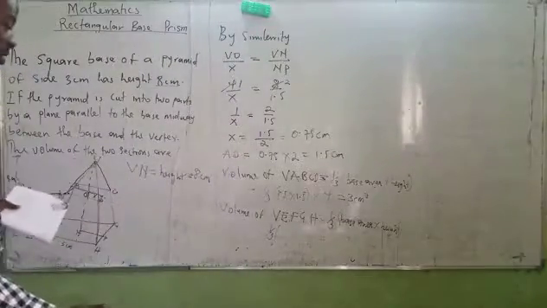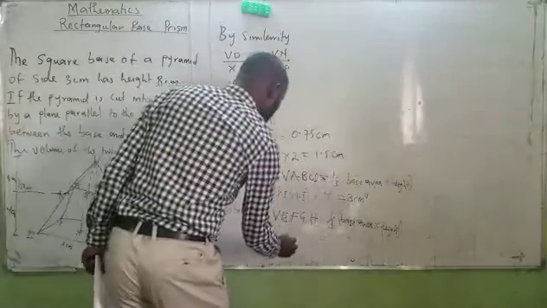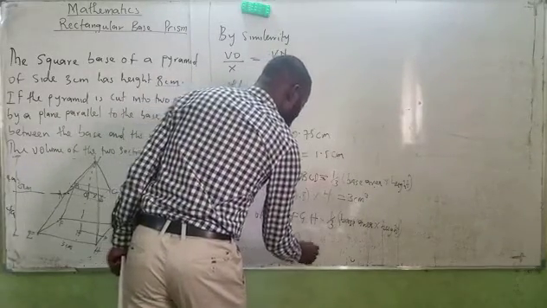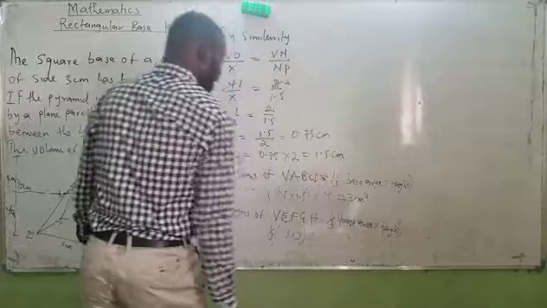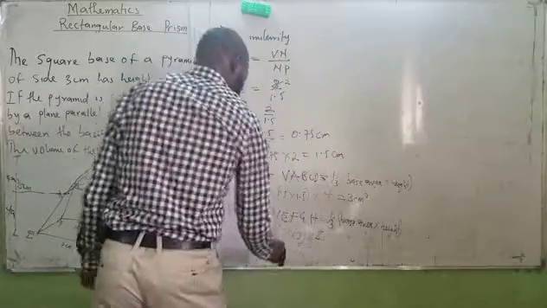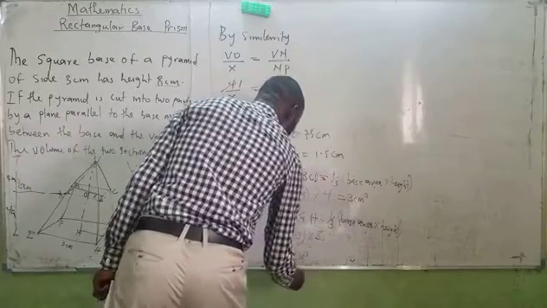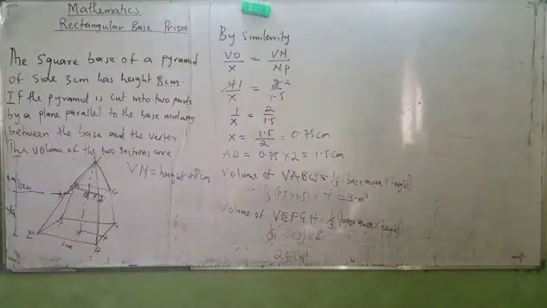Base area is 3 times 3, multiplied by the height, which will be 8, which 3 will cancel 3. I'll be having 24 centimeter cube.